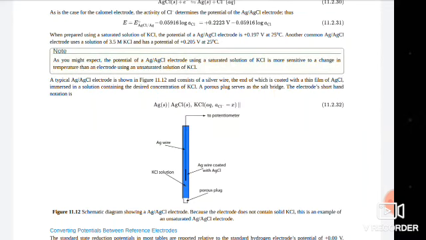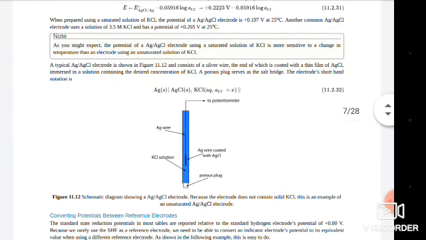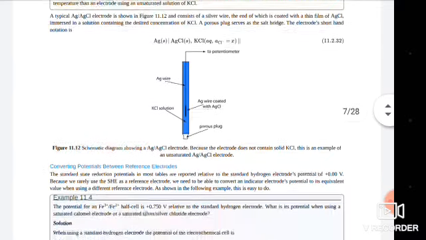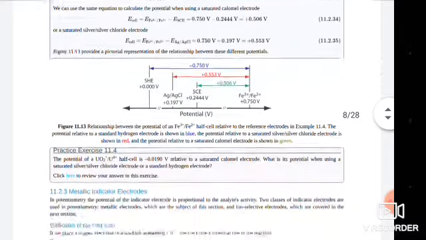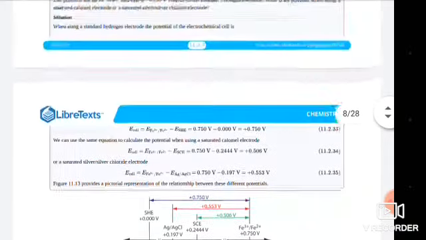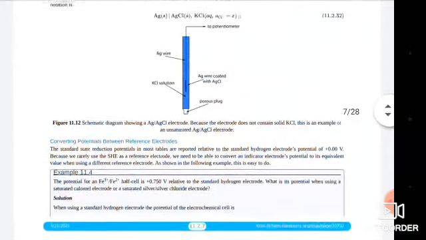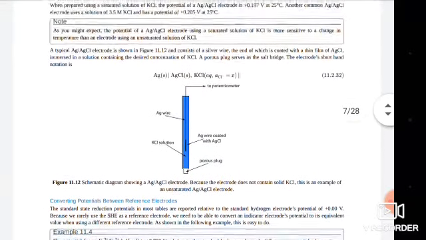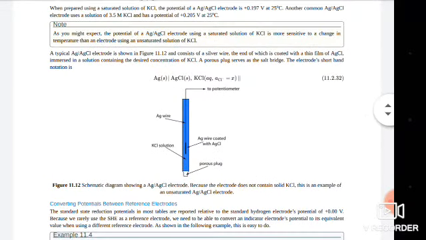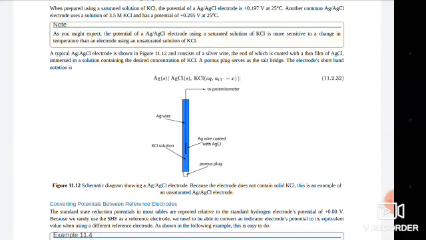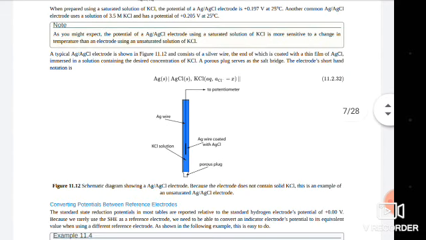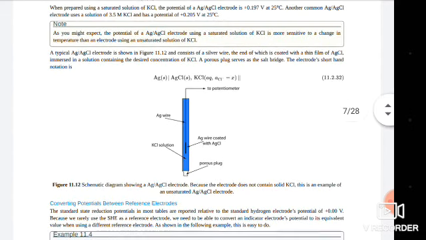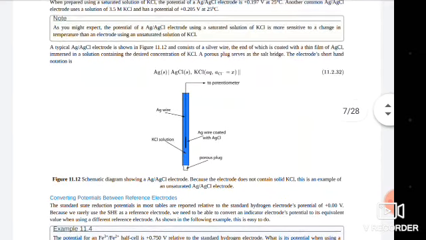A porous plug serves as the salt bridge, and the shorthand notation of this AgCl electrode is given as: Ag solid, separated by a single line, AgCl solid, comma, KCl aqueous having activity 1, separated by means of the salt bridge.